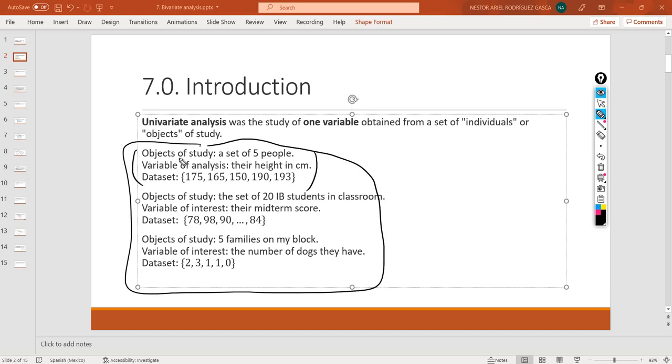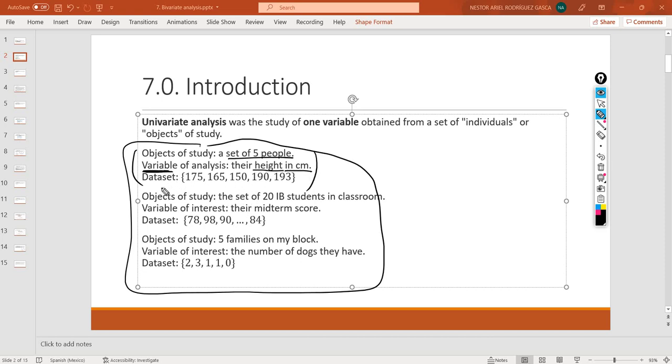Look at this. My objects of study are a set of five people. I choose five people to analyze. Those are my objects. Now, what variable am I going to observe about these objects? Well, maybe I want to observe the height of these five people in centimeters. Okay, perfect.